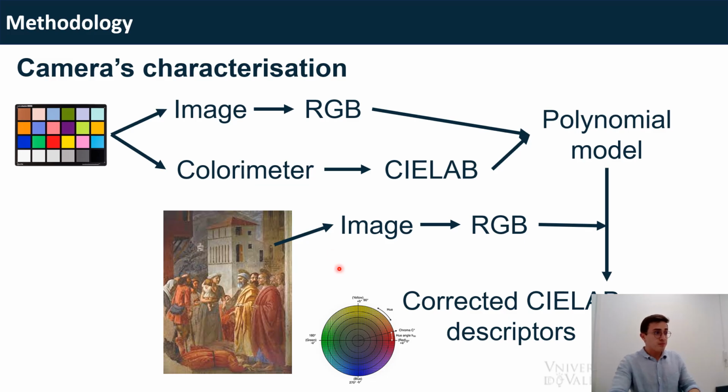To do that, what we basically did was we measured a color chart, which actually includes a grayscale line, which is this one here, and then some other color patches. The idea is that these color patches actually cover a quite rich chromatic space.